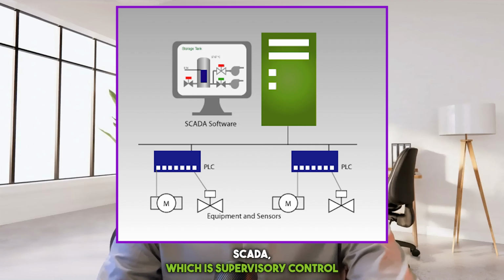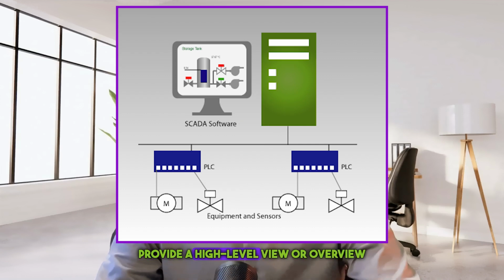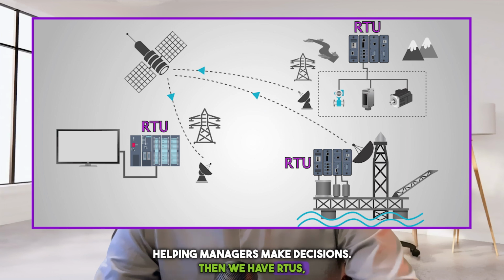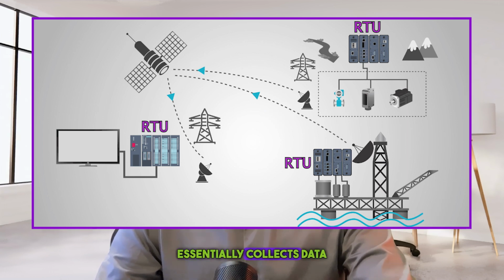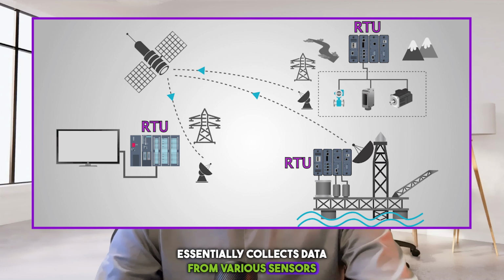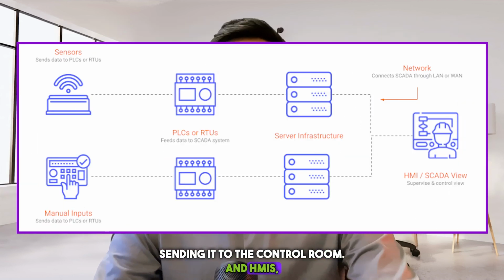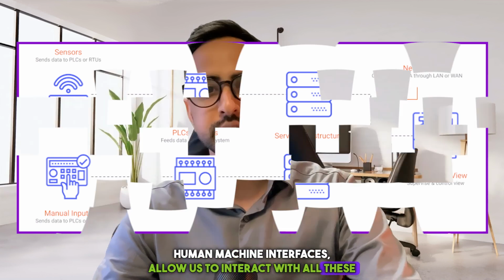SCADA, which is supervisory control and data acquisition systems, provide a high-level view or overview of operations, helping managers make decisions. Then we have RTUs, remote terminal units, which essentially collect data from various sensors and devices and send it to the control room. And HMIs, human-machine interfaces, allow us to interact with all these machines.